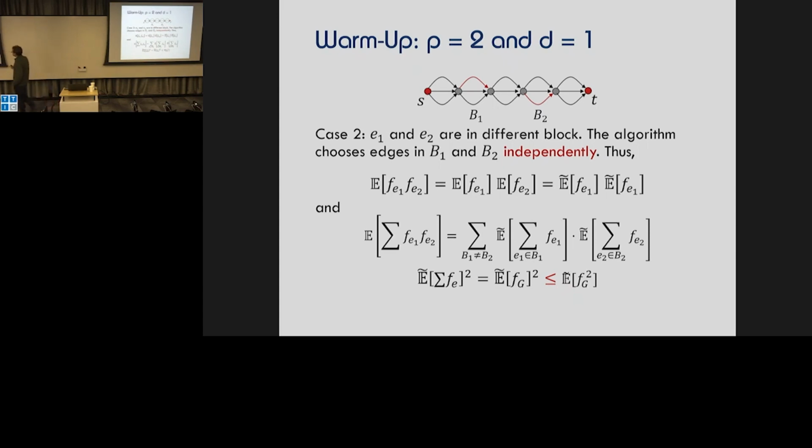So now we consider the expectation of the sum of f_e1 f_e2. Here we assume that e1 and e2 are in different blocks. We move to pseudo expectations, and we get that this is upper bounded by the expectation of f_g squared.